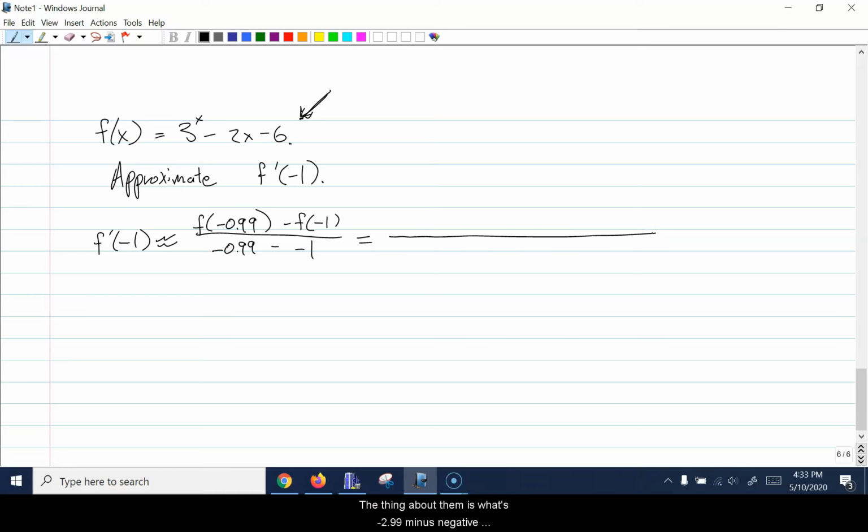The thing on bottom is what's -0.99 minus -1, that's positive 0.01. This f of -0.99 is 3 to the -0.99 minus 2 times -0.99 minus 6 minus, now what's f of -1?